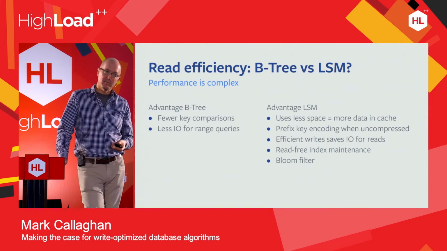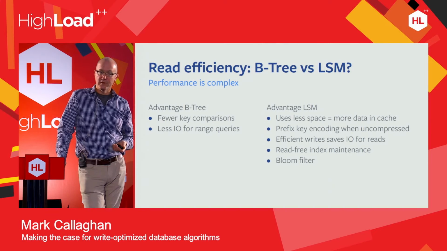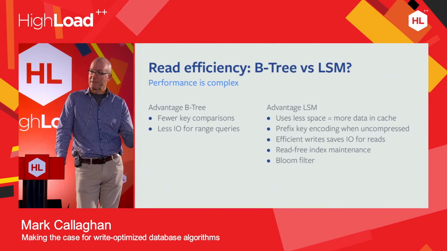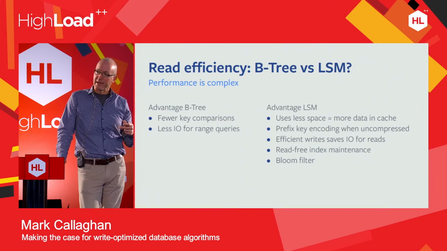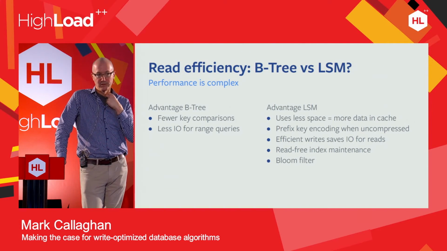Also with MyRocks, non-unique secondary index maintenance is read-free. So with a B-Tree, on an update, if you need to maintain the secondary index, you're going to read the leaf page, modify it in the block cache, and eventually it gets written back. So there's a read, modify, write cycle.